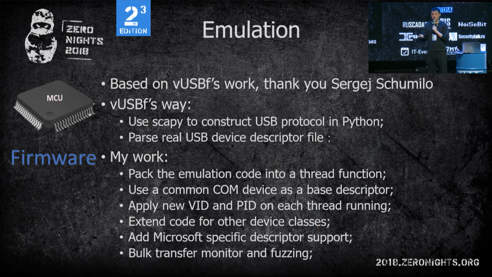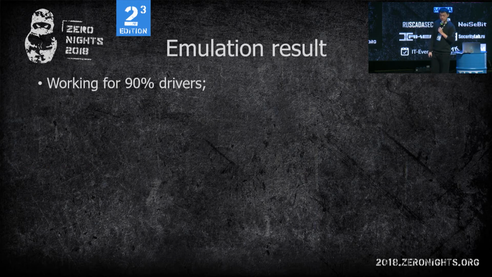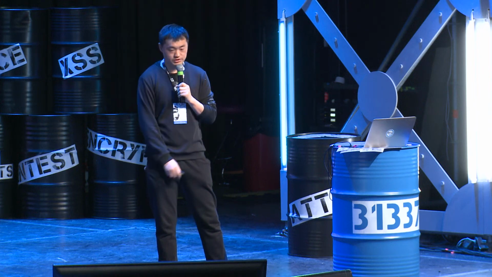In our case, we have to switch the combination of VID and PIDs in each fuzzing, so we run this code in a separate thread and then apply the new VID and PIDs. So here's the result. We emulated the USB device and tested it, and it works for about 90 drivers. This gives us a reasonable result to continue our research.